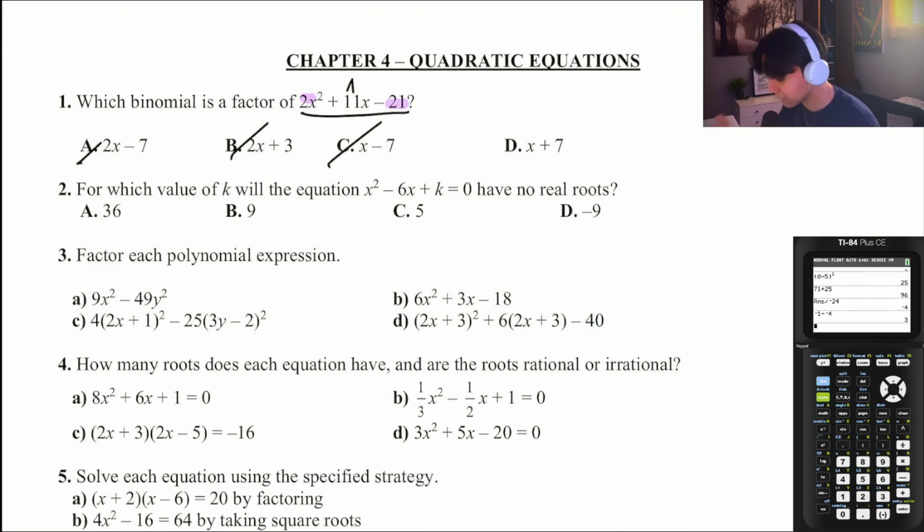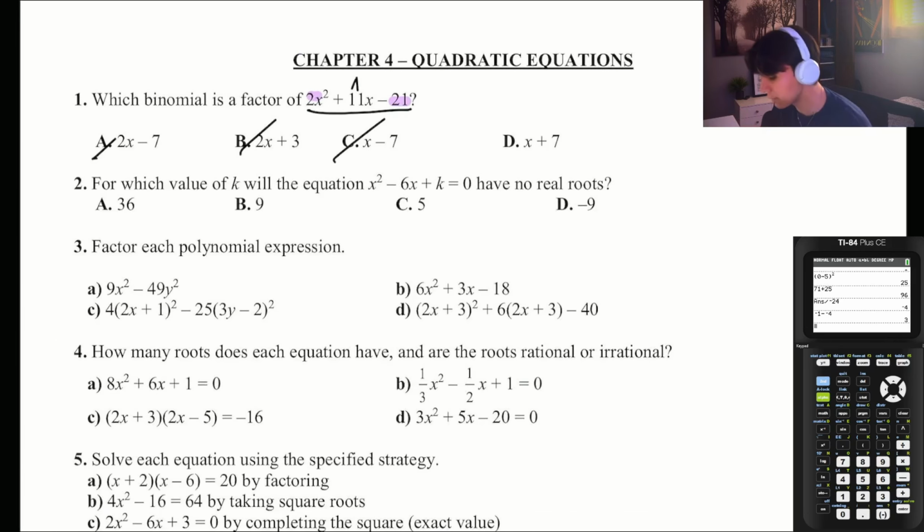For this question, which values of k of this equation will have no real roots? Remembering, we have a certain formula for this, right? In the quadratic formula, what's inside the square root is this little thing right here, b squared minus 4ac. And this is called the discriminant.